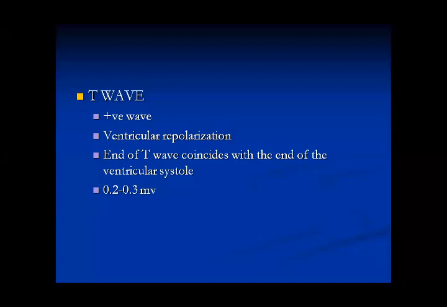Correct it, please. It is wrongly written over here, right? Its duration is 0.2 to 0.3 millivolts, right? I repeat, the end of the T wave coincides with the end of the ventricular diastole, not ventricular systole, because ventricular systole would be when the QRS complex is occurring, not at the end of the T wave.